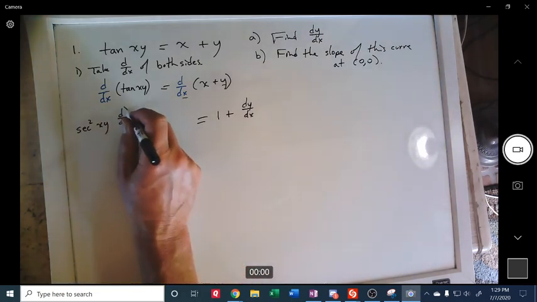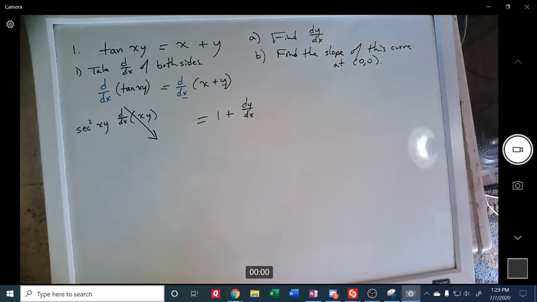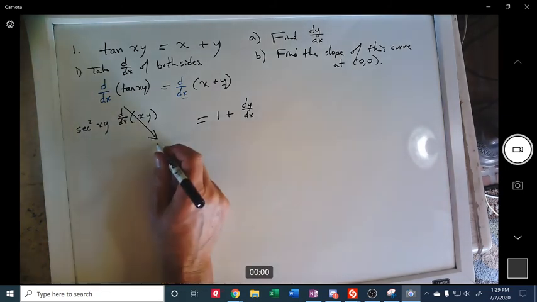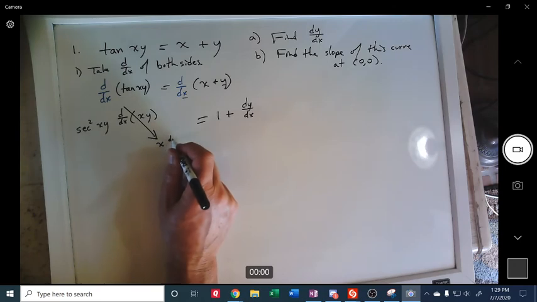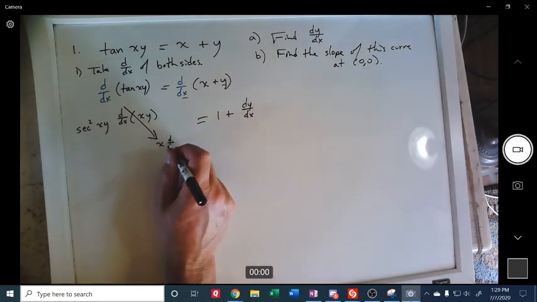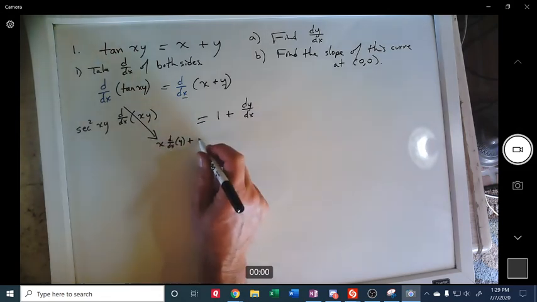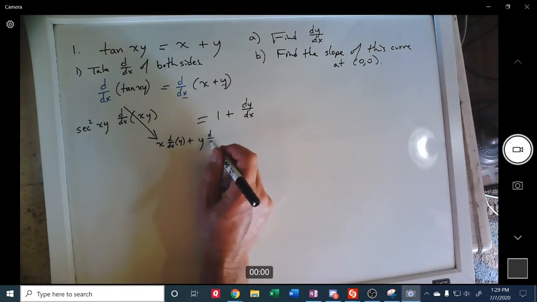Now, when I take this derivative, I'm going to need the product rule. First times the derivative of the second, d dx of y, plus the second times the derivative of the first.